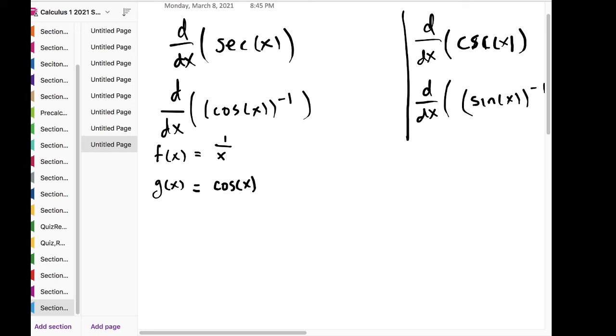Good. What's f prime? What's the derivative of 1 over x? I always like to think of it as x to the negative 1 instead of doing quotient rule.